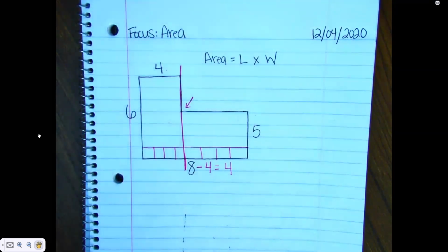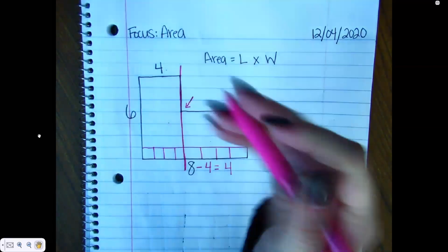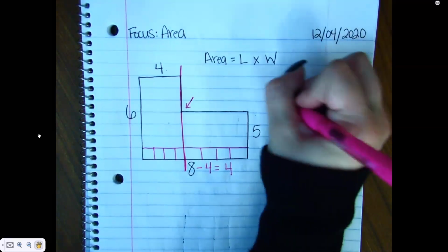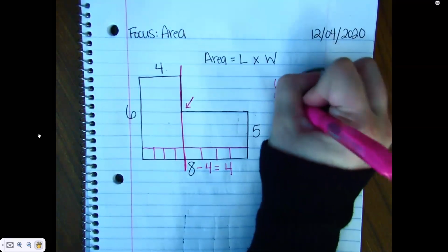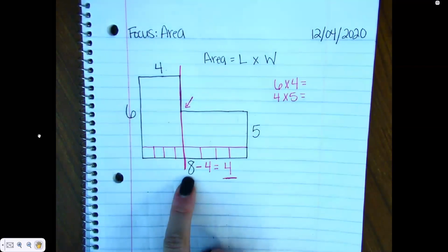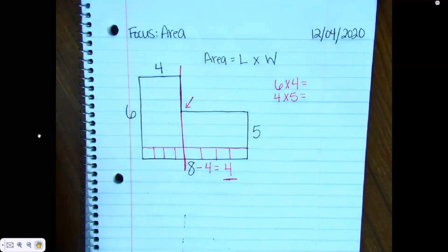Okay, so I'm going to multiply my sides, right? So I'm going to do 6 times 4, and then I'm going to do 5 times 4, because I want to use this 4. I don't want to use the 8. Okay? So what is 6 times 4?